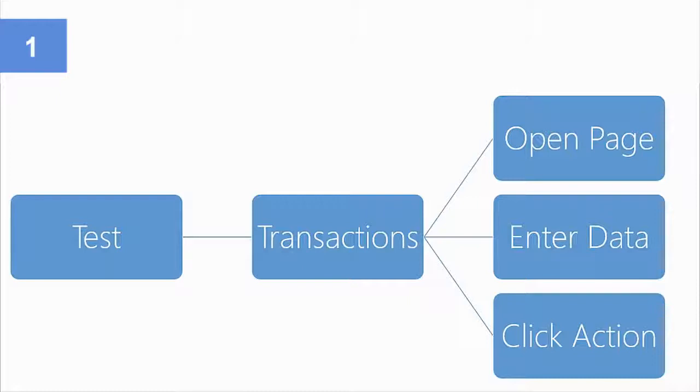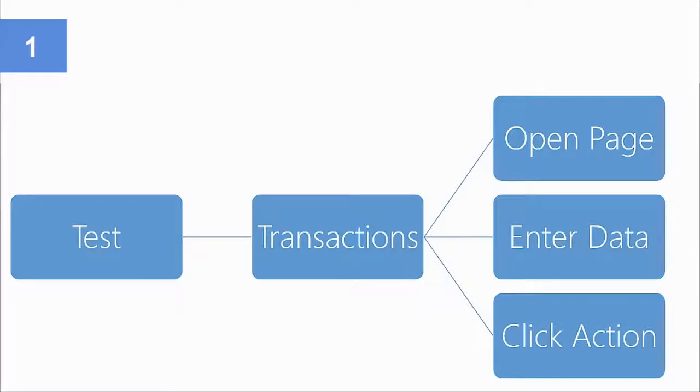And the test consists of one or more actions. So that can be something like opening a page, clicking a button, entering data, responding to a dialogue. The response time for the test is measured in Visual Studio and is the time to execute the complete test. The transactions, however, are the individual steps. So we measure the begin and end for each individual step.